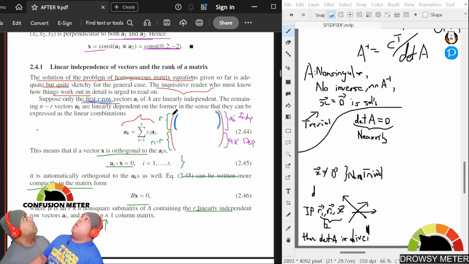We have r rows and the normal n columns, because we're always dealing with square matrices, since to get a determinant it needs to be square anyways. So n by n. So this is r times n.